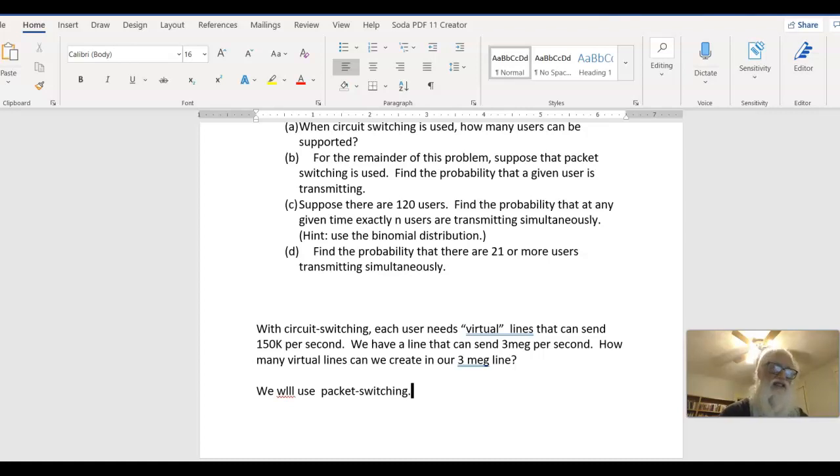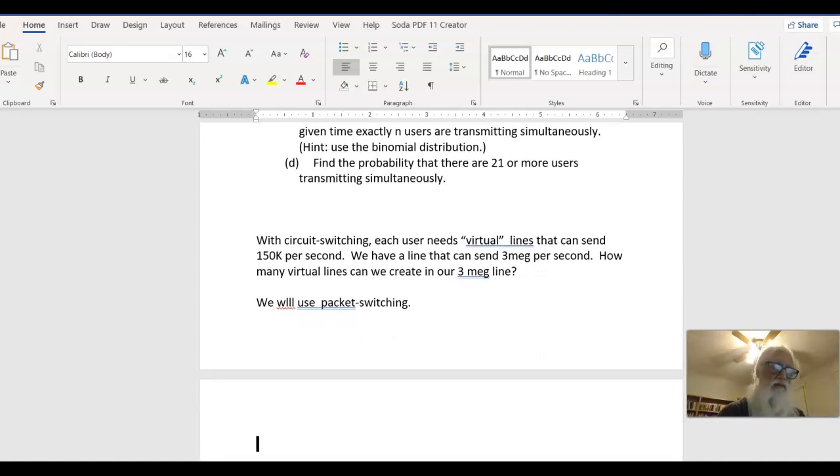Now, the question is, how can we figure out that there are 21 users sending? And this is a probability problem.